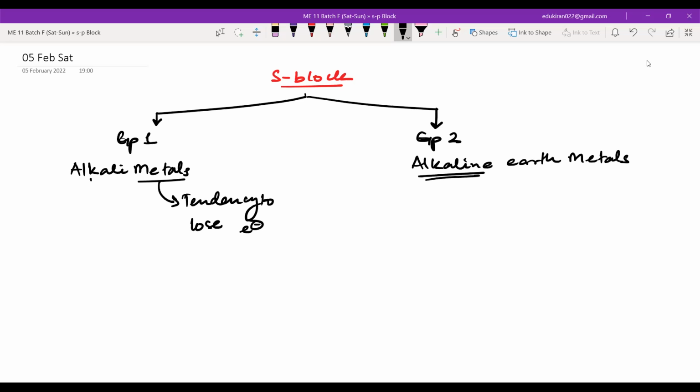Alkaline, or the word alkali, means that when I put these metals in water, they form, or they increase the concentration of base.